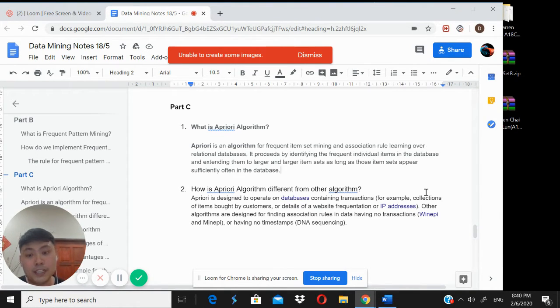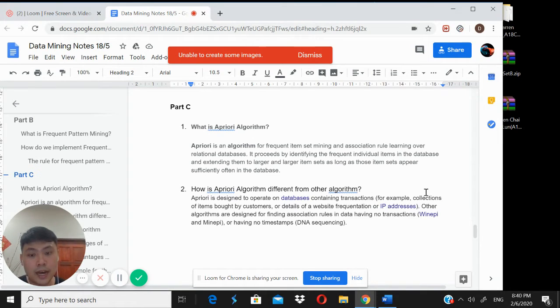So the main difference is the a priori algorithm is widely used in the business industry which involves business transactions, because it is very effective in determining the market relationship and also the market supply, the market demand, and also the market needs.